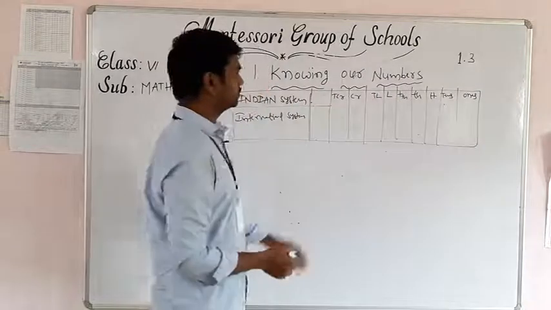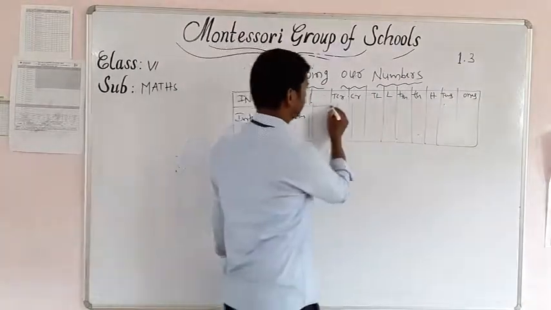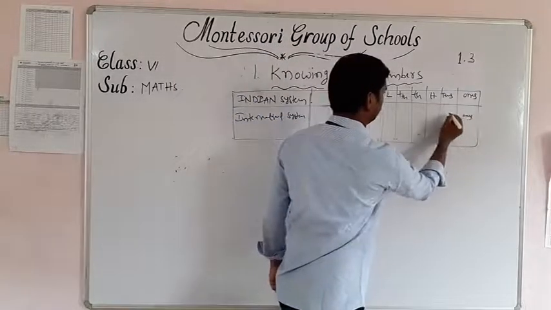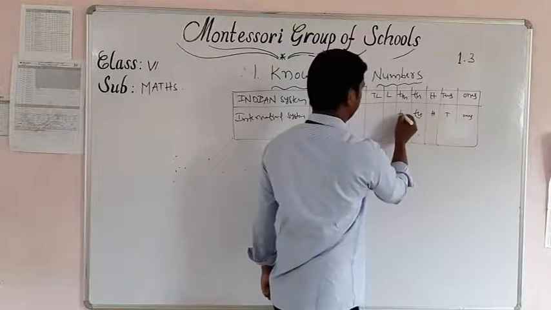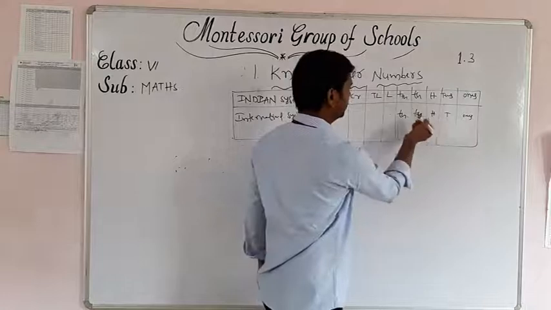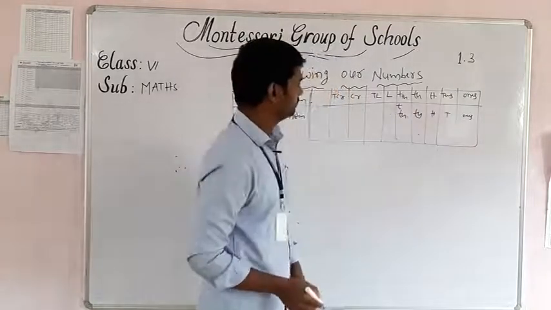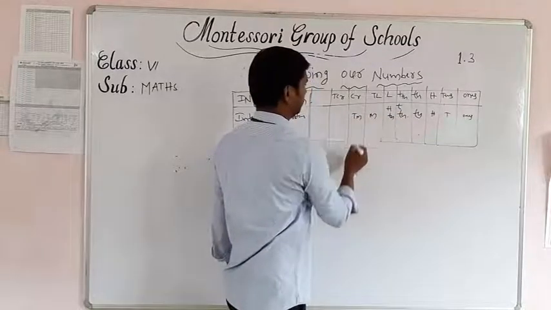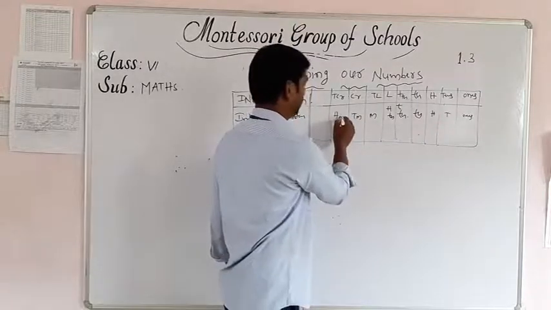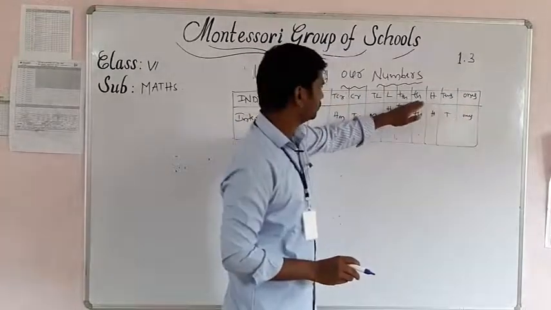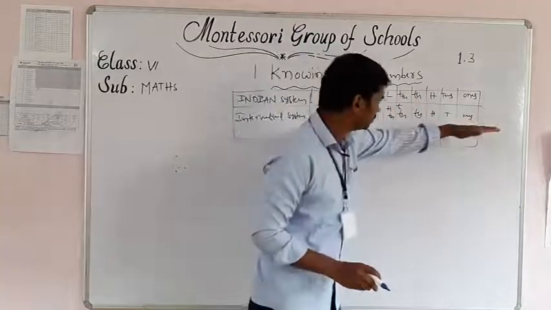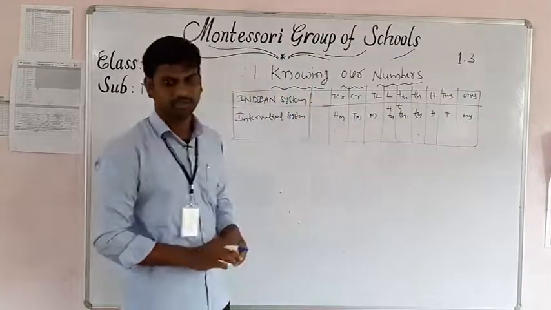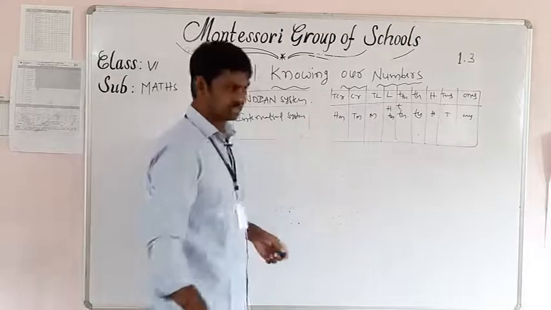International system: ones, tens, hundreds, thousands, 10,000s, 100,000s, million, 10 million, 100 million.